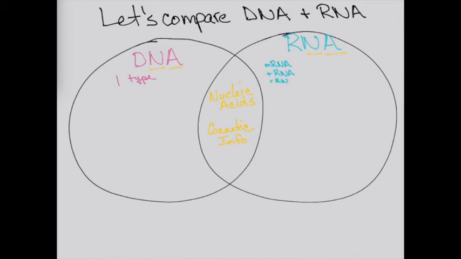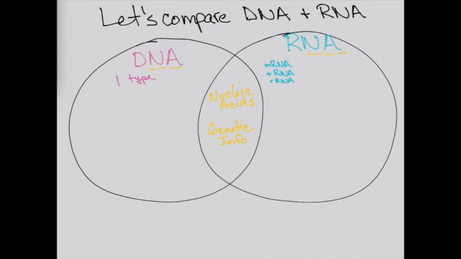All right, DNA, there's one type of DNA. You only got one DNA in your body, in your nucleus. And there is some DNA that sits in your mitochondria, but that doesn't get replicated. That's a higher level discussion for another class. But DNA, in your nucleus, there's just one type.